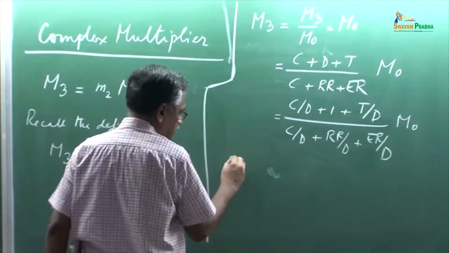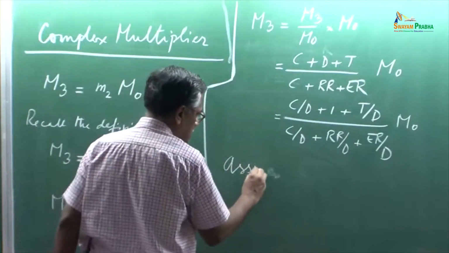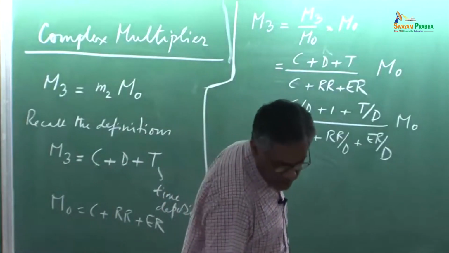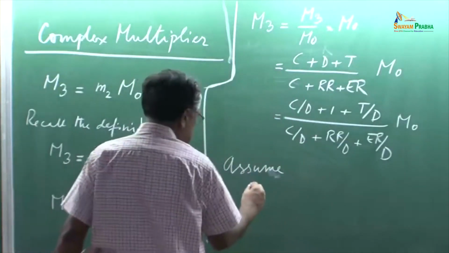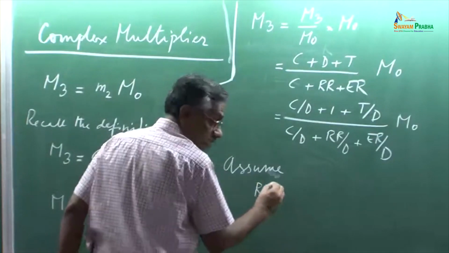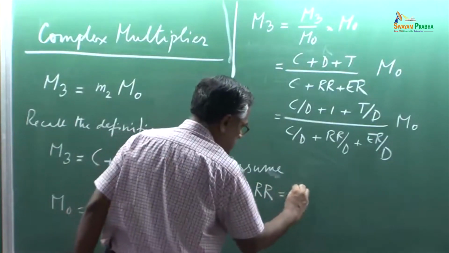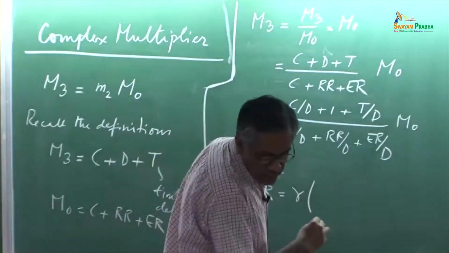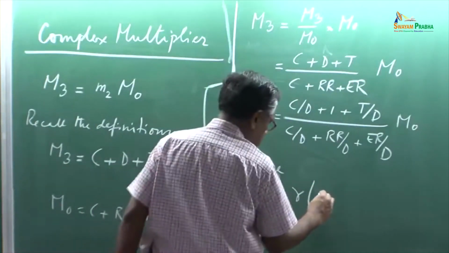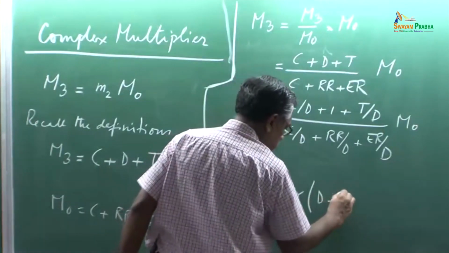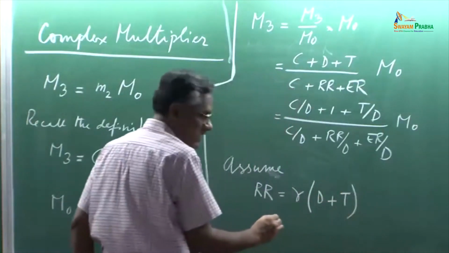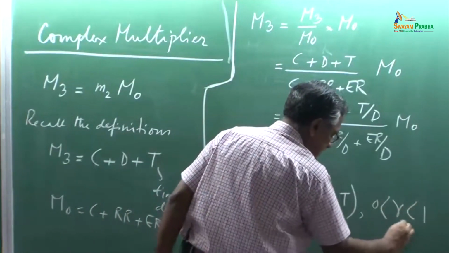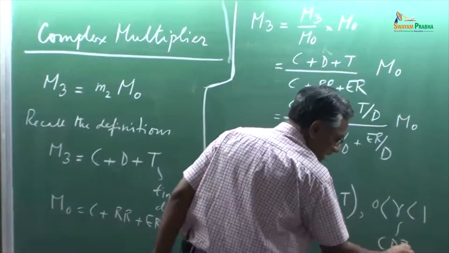Let us now consider the following. Assume two more things. One, the required reserves are the real required reserves. That's not rho, that's gamma, which is a proportional factor of D plus T, where gamma lies between 0 and 1, and this is the actual CRR.